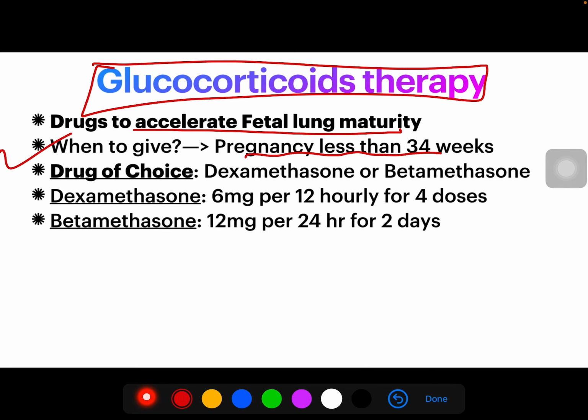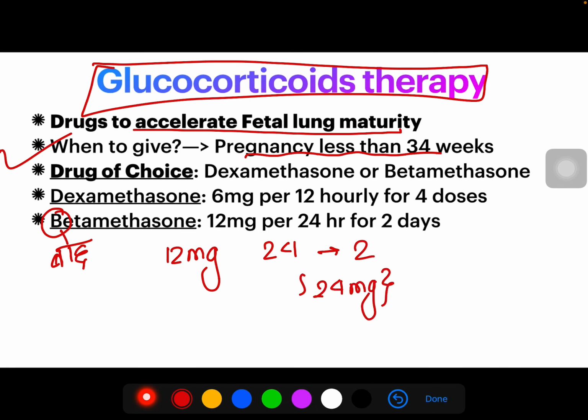For remembering, for betamethasone it is 12 mg every 24 hours for 2 days, so that you make a 24 mg dose for the patient.